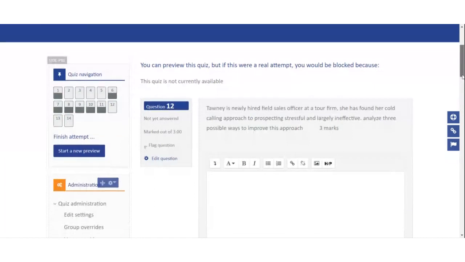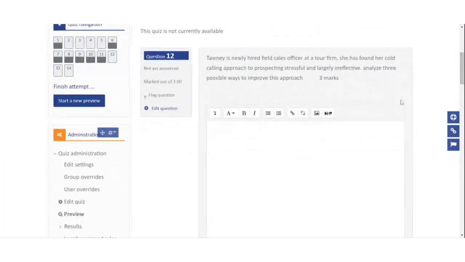The next one is: Tony is a newly hired field sales officer at a tour farm. She finds her cold calling approach stressful and ineffective. Ways to improve this approach? One is you can get to know about your customers so that you develop a prior way of reaching out to them.